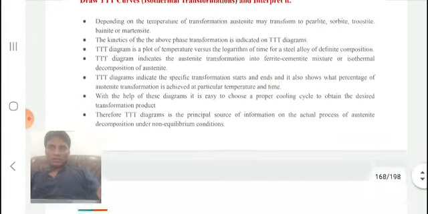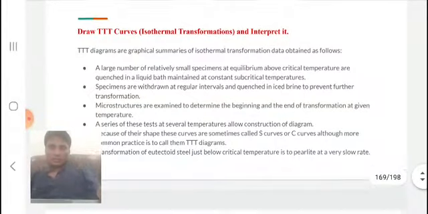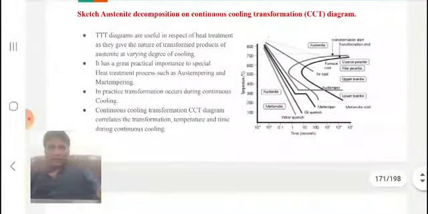Let me also show you what CCT curves are. Yeah, these are CCT curves. The lines coming down from the top left corner indicate continuous cooling.